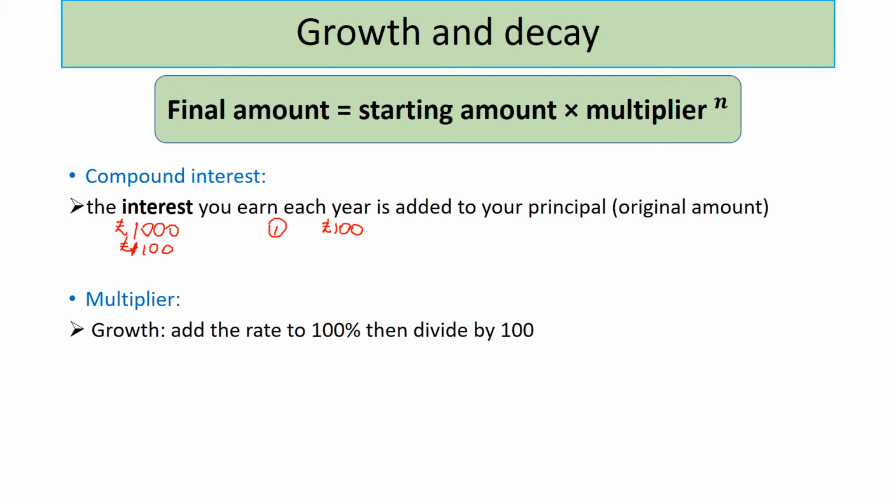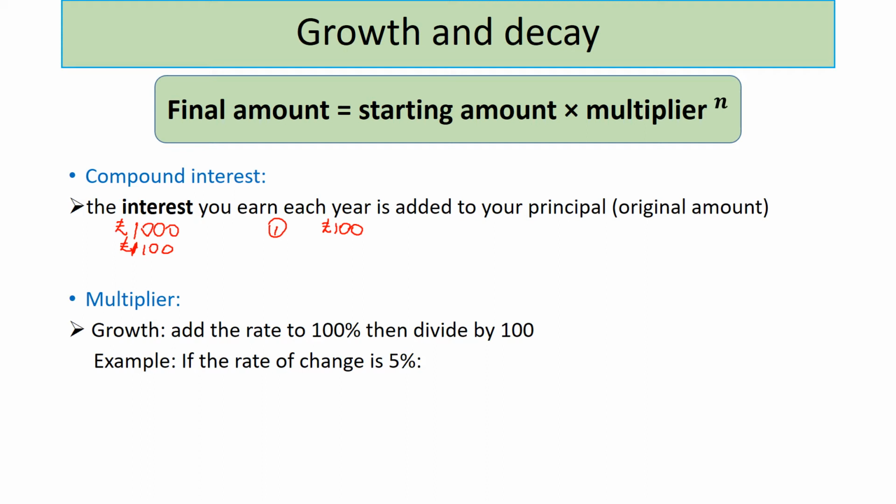Now, also, I would like us to look at how to work out multipliers. When we're talking about growth, I would like you to think about the original amount as 100%. And then, because we're talking about growth, the value needs to go up. So you add the rate of change to 100%.